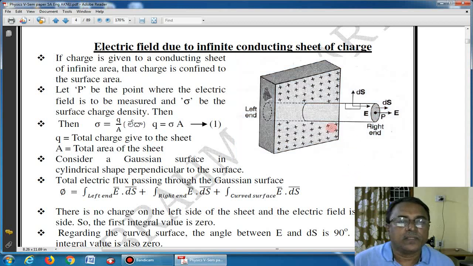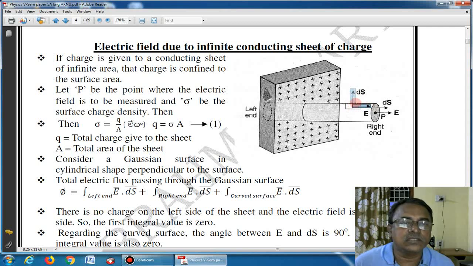Next one: if you take a small surface area on the curved surface and its area vector is in this direction, these two are perpendicular to each other. That means the electric field intensity vector E bar and this ds bar are perpendicular to each other.